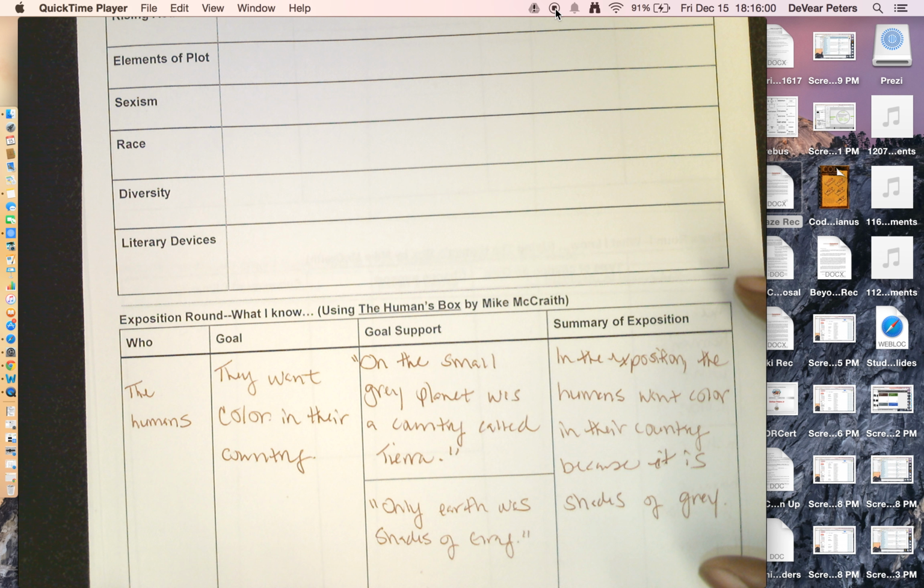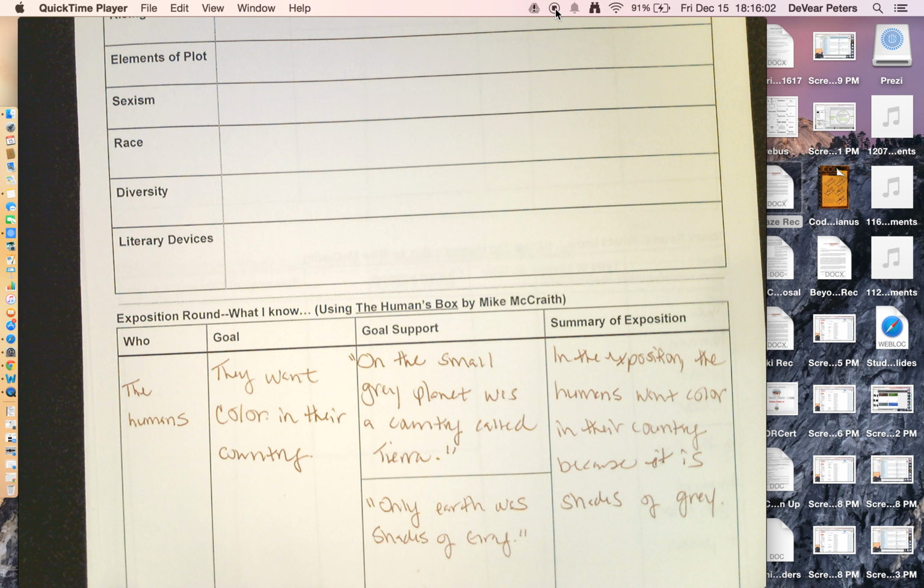Or in other words, nothing here says they did something about them not having color, or that they thought something about them not having color, or that they did something about them wanting color, or they thought something about them wanting color. But you do know that their life has been impacted. It does say they live somewhere where there is no color. So their lives are just filled with grays. And that's all you know.